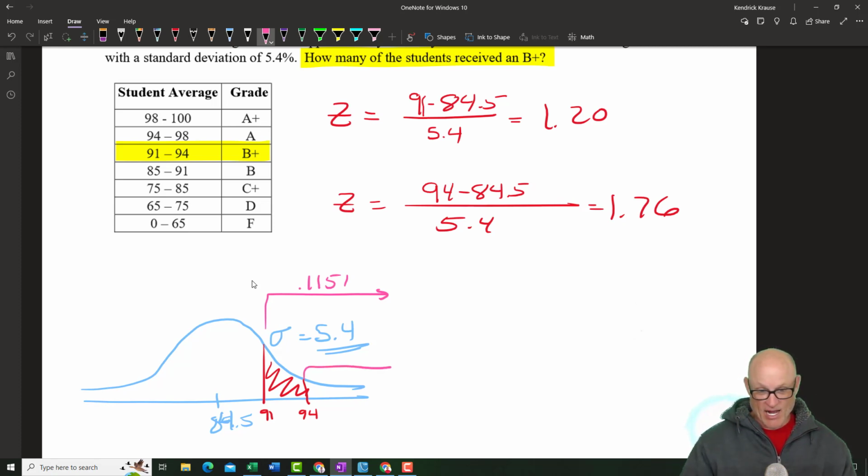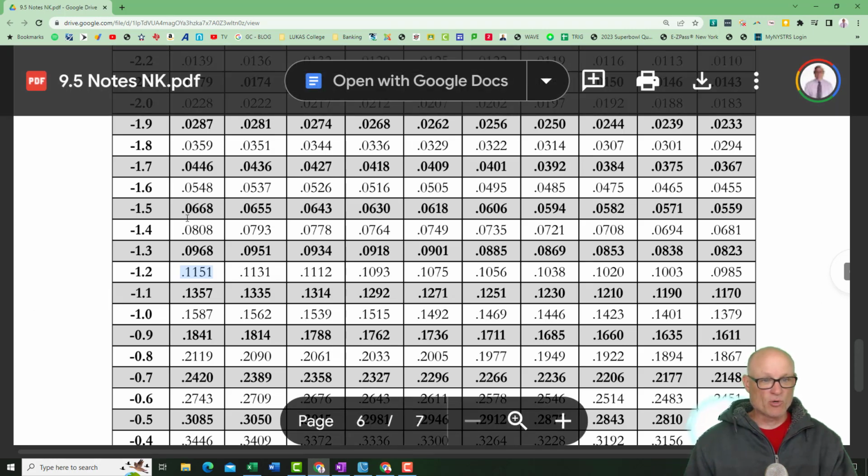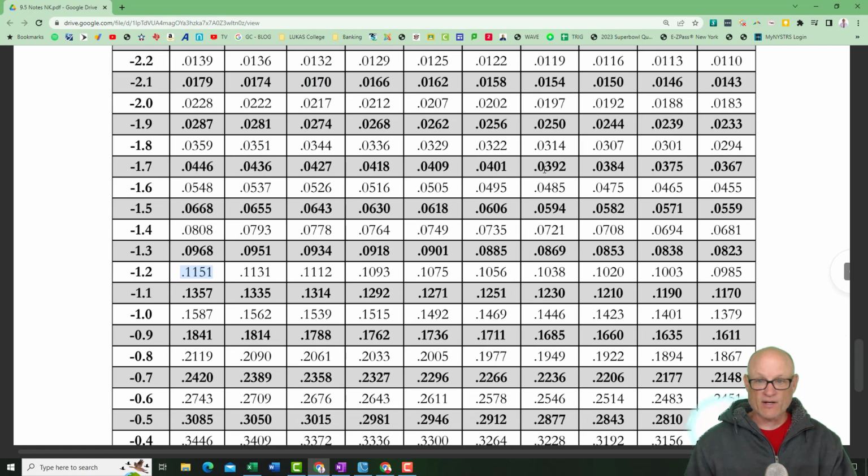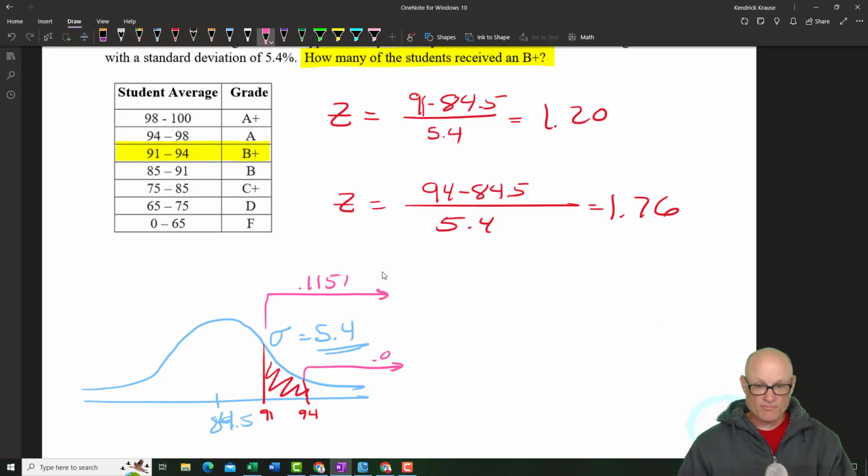All right, now we're going to look up this one, which is 1.76. So here's 1.70. 1, 2, 3, 4, 5, 6. So that's 0.0392. But these are on the same side. So this is all 0.1151, and this is 0.0392. So what I want to simply do is subtract them.